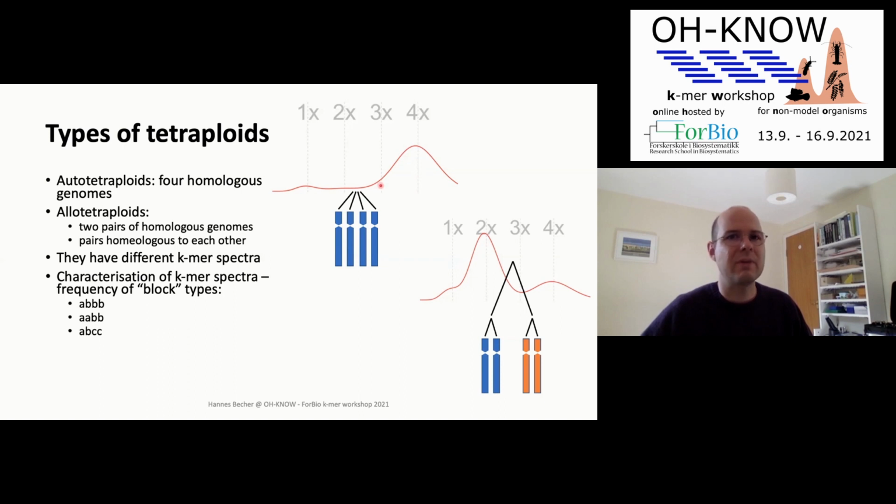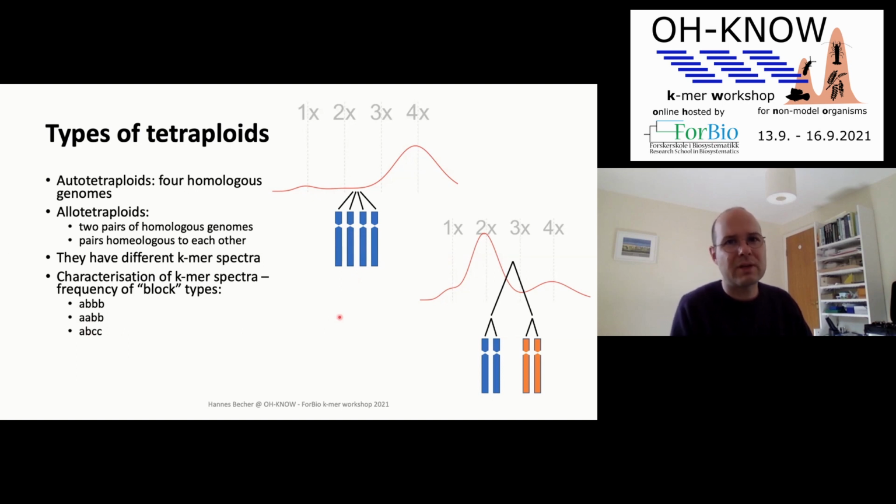The 3x peak often is not really visible; it's often overlapped by the 4x peak, or there are few K-mers in there, so it doesn't really show. And there are other block types, like AABB, which you often find in these allo-tetraploids. So you can characterize your K-mer spectrum by trying to fit the proportion of blocks that have each arrangement.